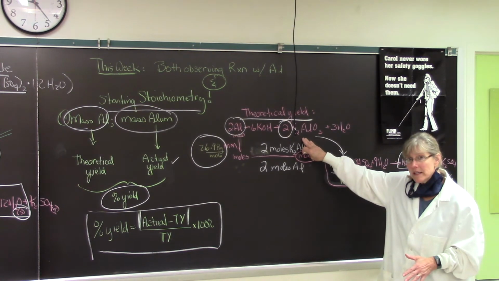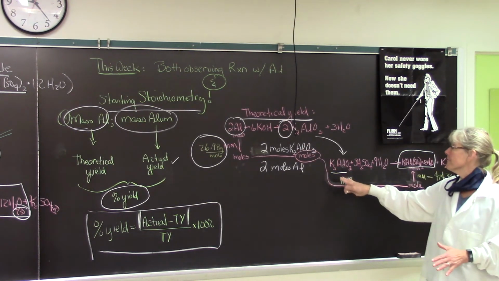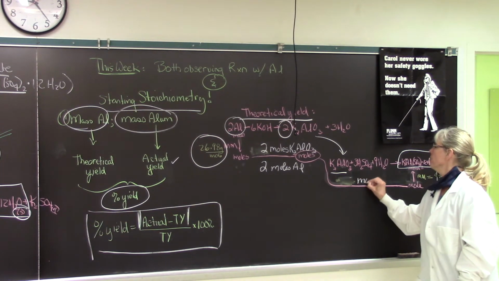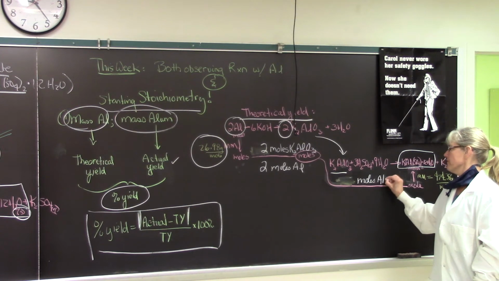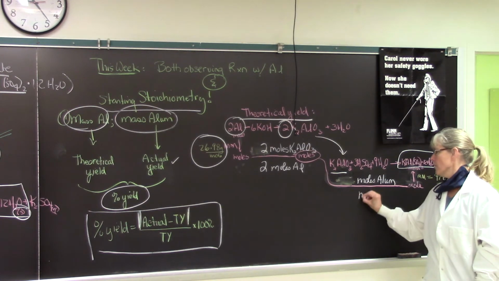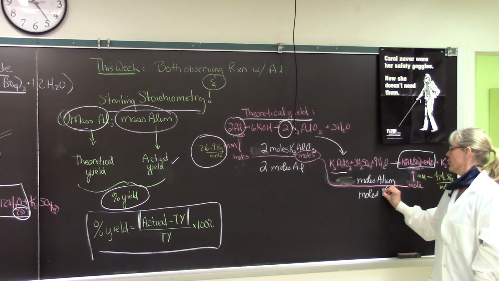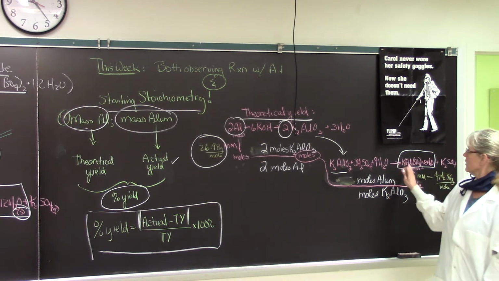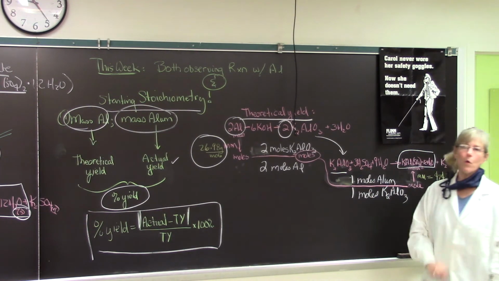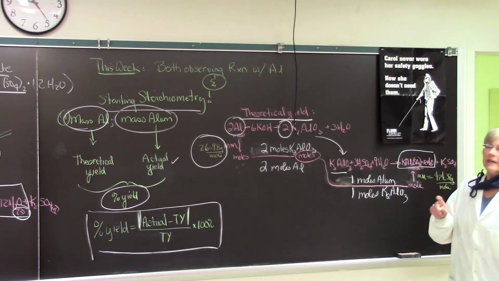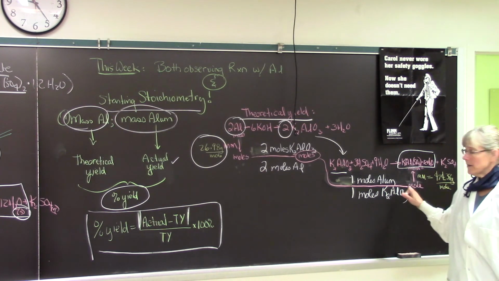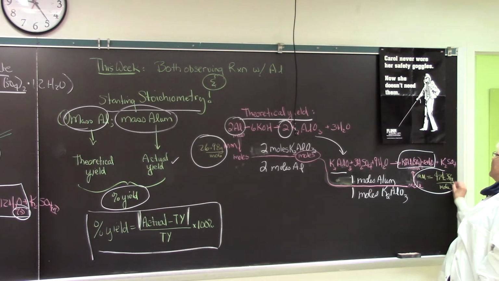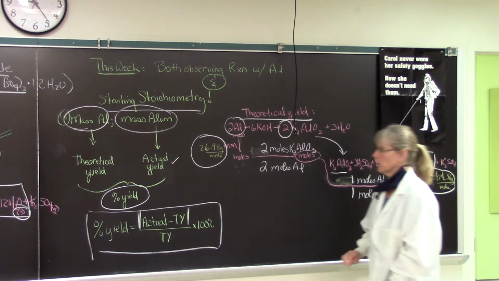I'm not going to be massing this, so I go straight from that to my molar ratio here, where I have moles of alum over moles of potassium aluminate. And you can see that's a 1-to-1 molar ratio. Finally, I'm going to take that moles of alum and convert it back to grams using its molar mass.